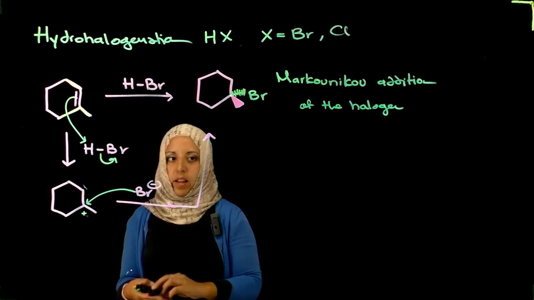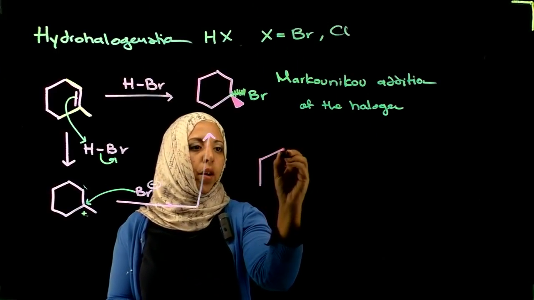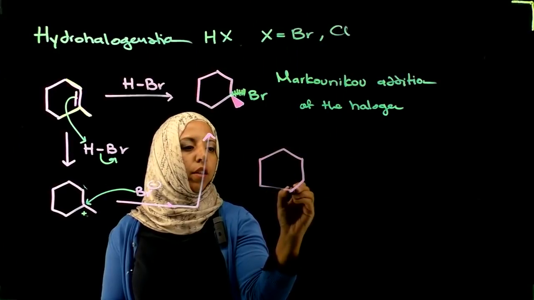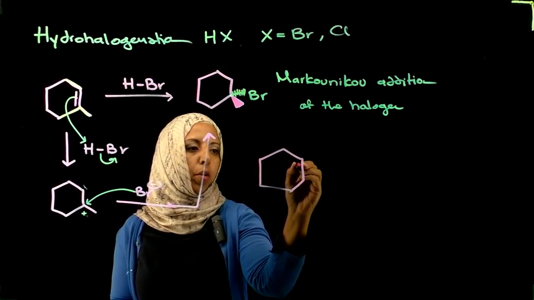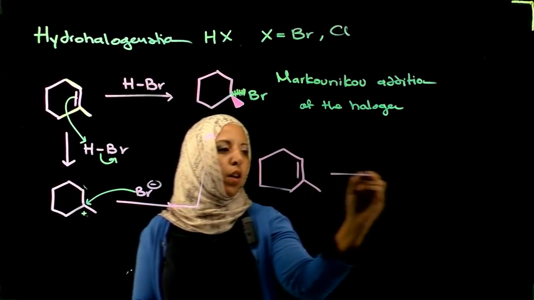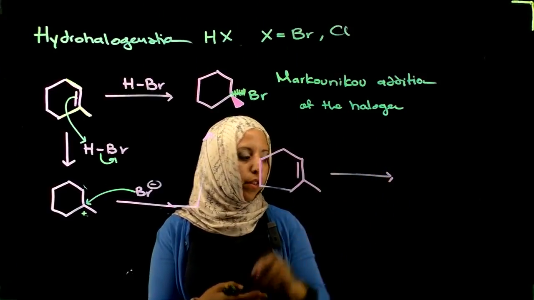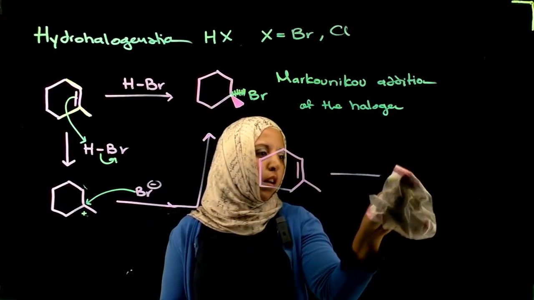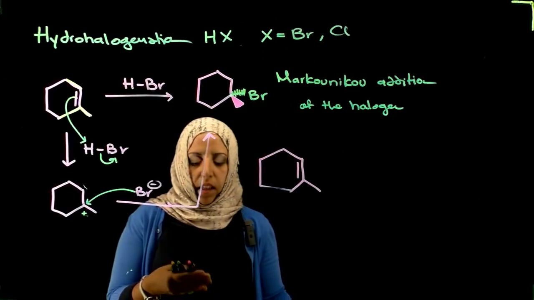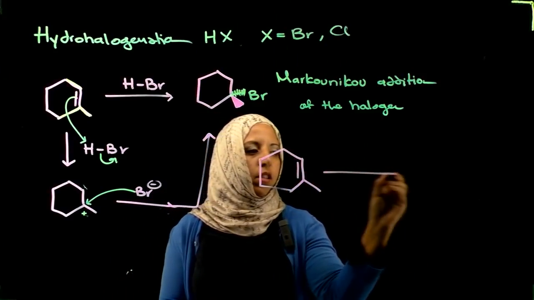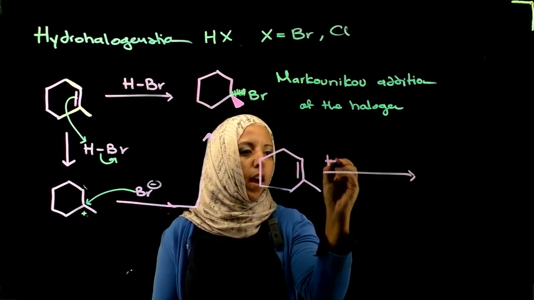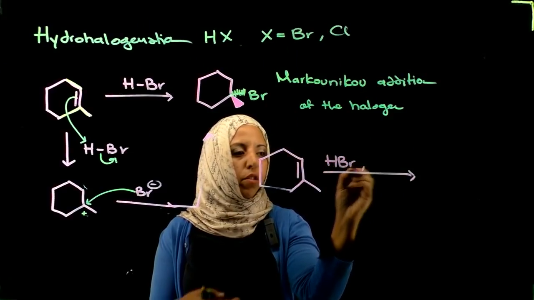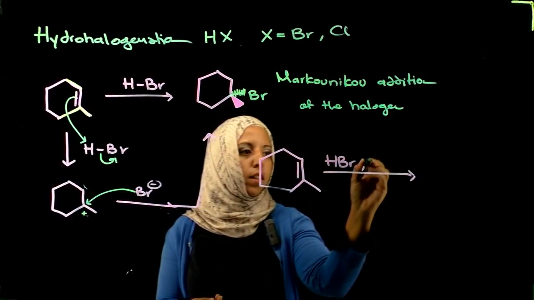What if we wanted an anti-Markovnikov addition? What if we wanted the bromine to add to the less substituted position of that carbon-carbon double bond? Then we use slightly different reagents or reaction conditions. We still have hydrogen bromide, but what we do is we add peroxide, right?